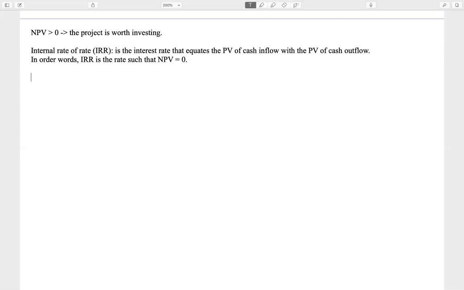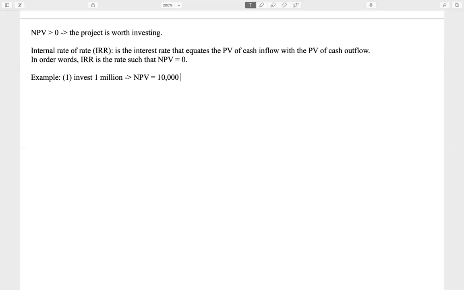For instance, let me give you an example to think about. Invest, let's say, 1 million. This leads to an NPV equal to 2. This is case 1.